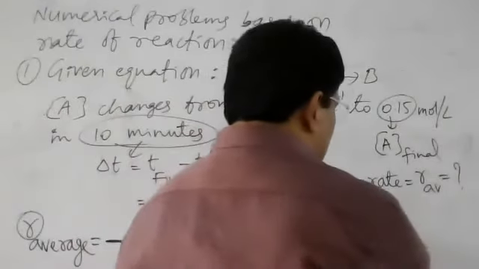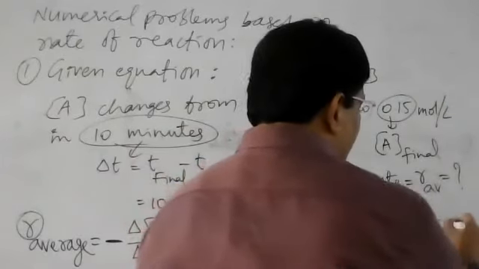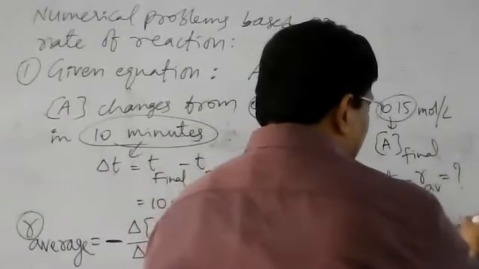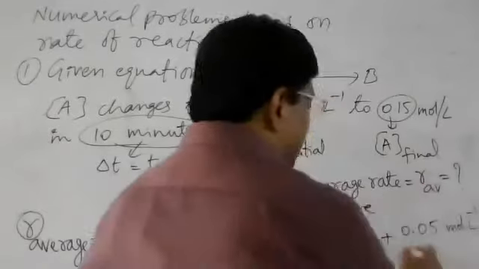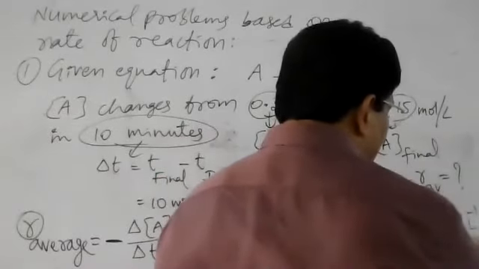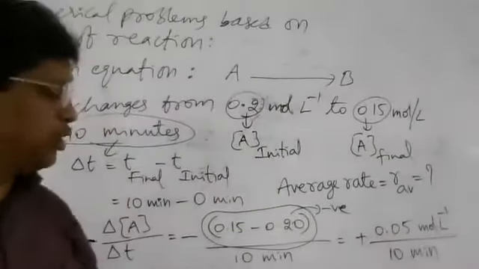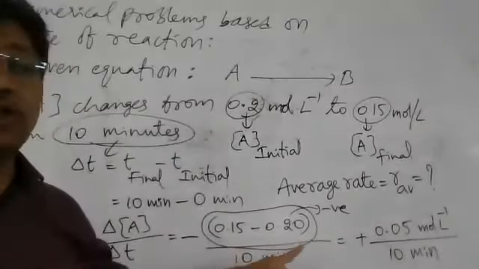That equals plus 0.05 moles per liter divided by 10 minutes. Now what difference did you get here? 0.15 minus 0.20 is equal to what?